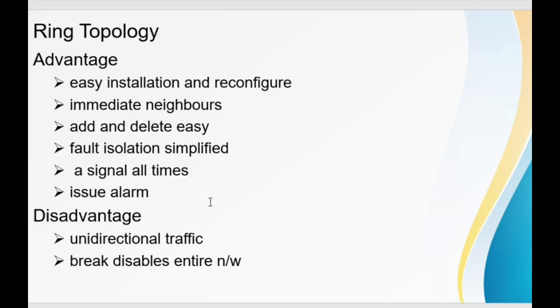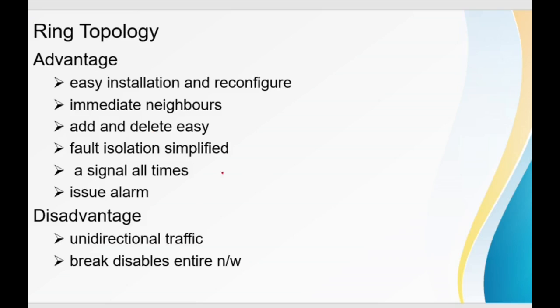It is easy to install and it can be reconfigured easily. Each device is linked only to its immediate neighbors. To add or delete a device in the ring requires changing only two connections. Here the fault isolation is simplified.